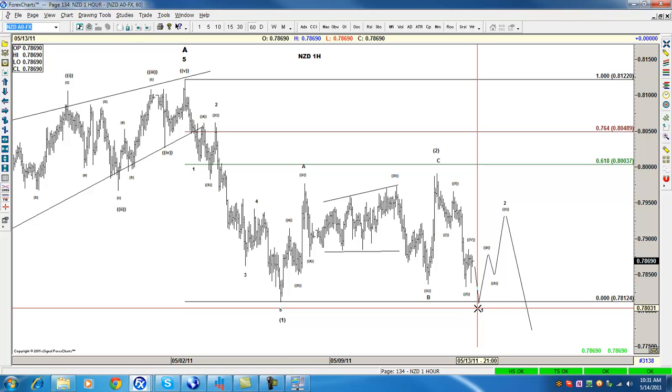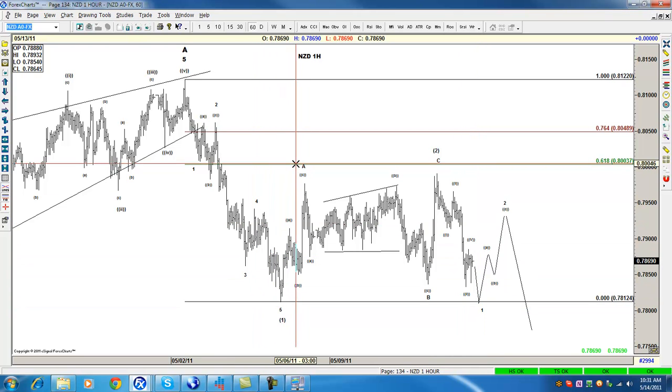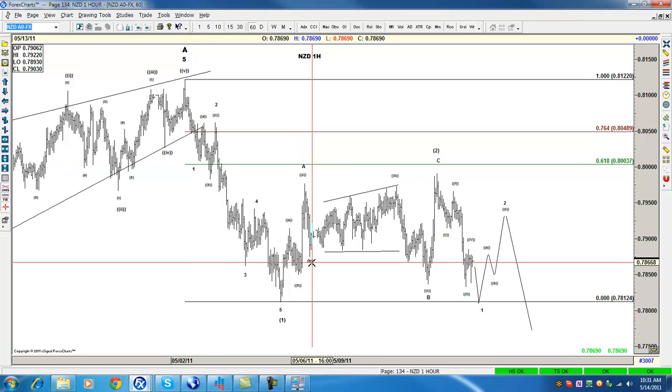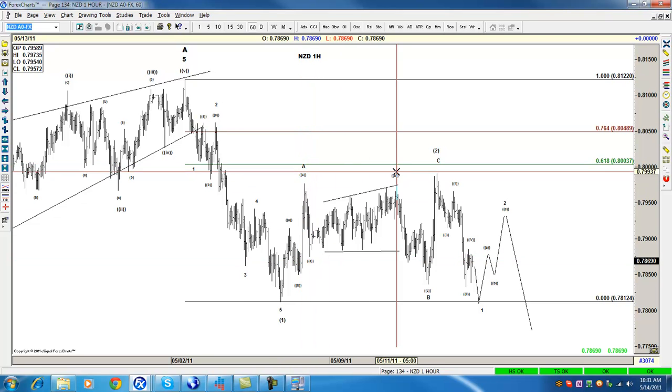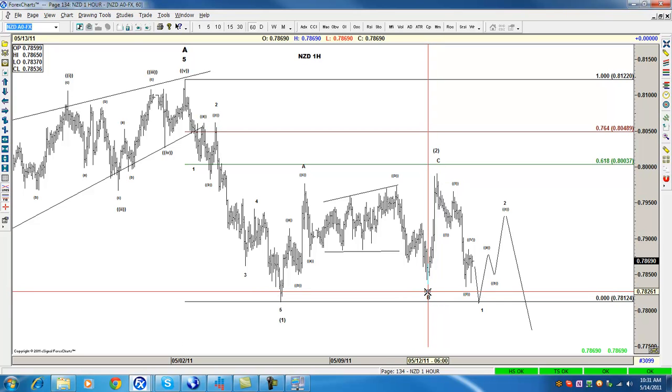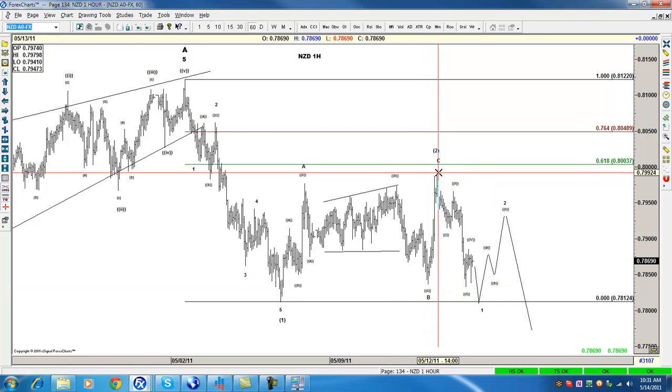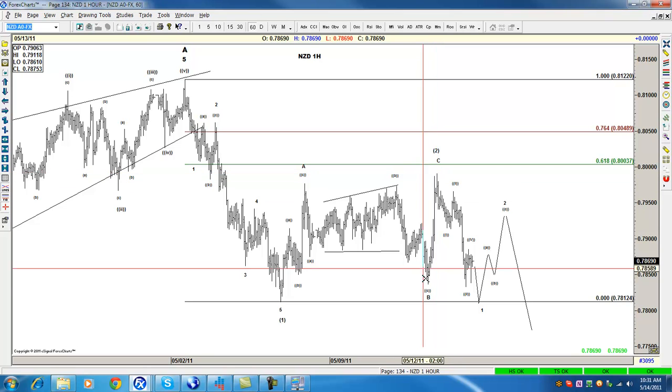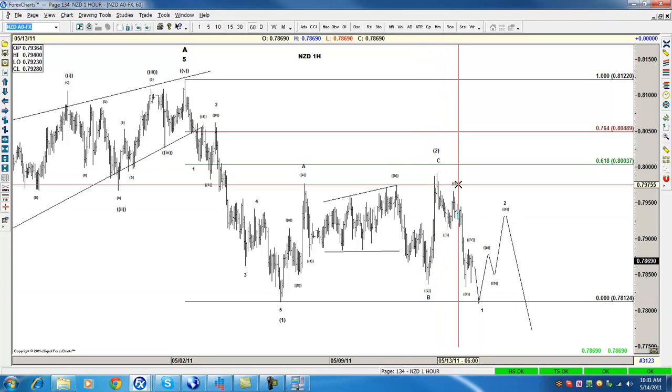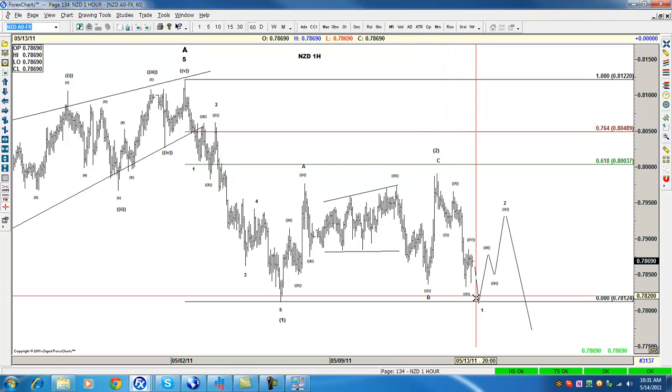Now there is another count that goes A, B, C, A, and then goes a flat in wave B when you got A, B, C, B. This is C. I'm sorry, A. This is C, and this is a flat wave 3.